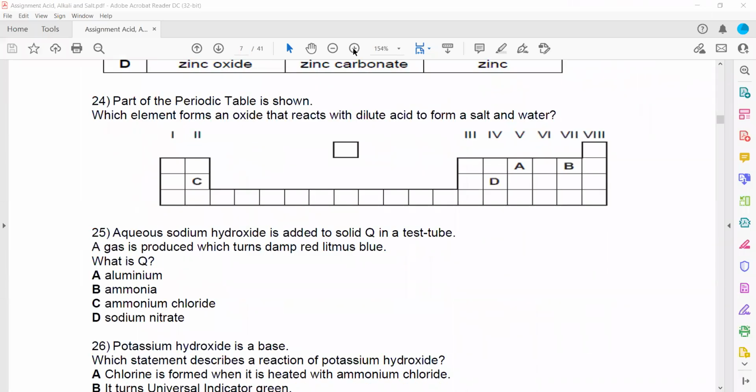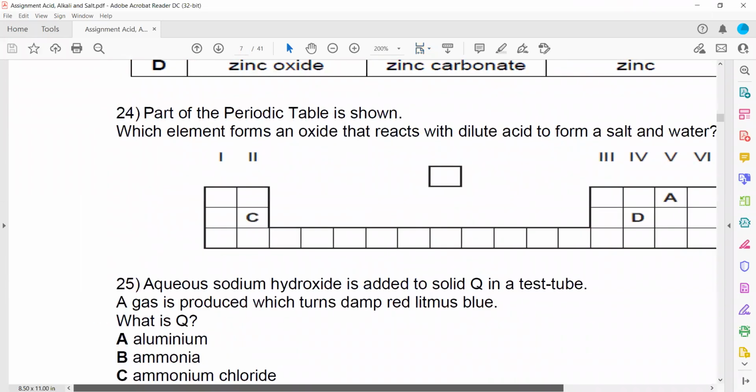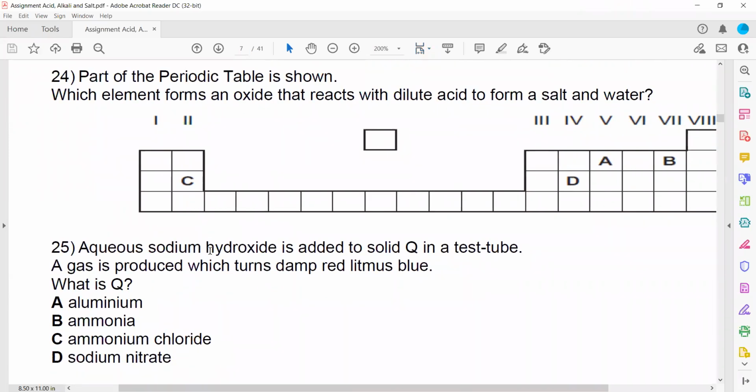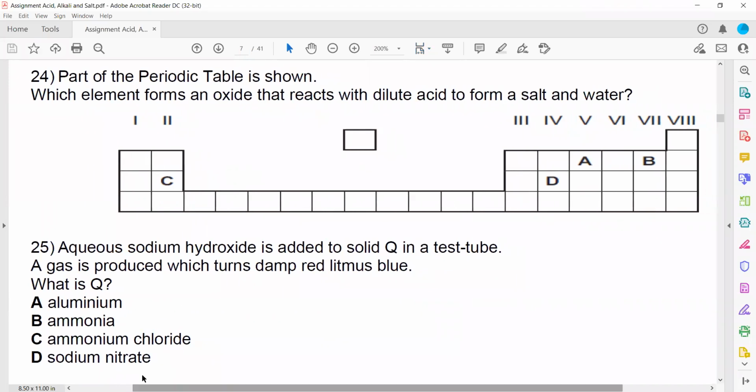Then a part of the periodic table is shown: which element forms an oxide that can react with acid to form a salt? So they're talking about the basic oxide. In the periodic table, on the left-hand side we have metals. Metals form basic oxides.